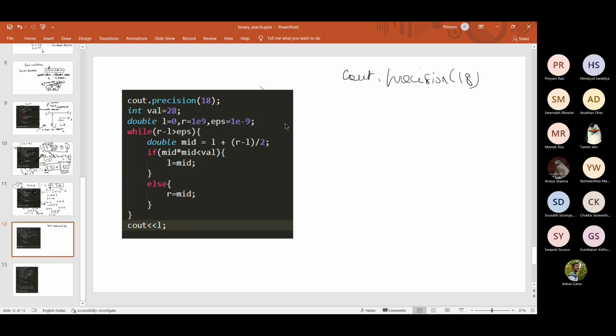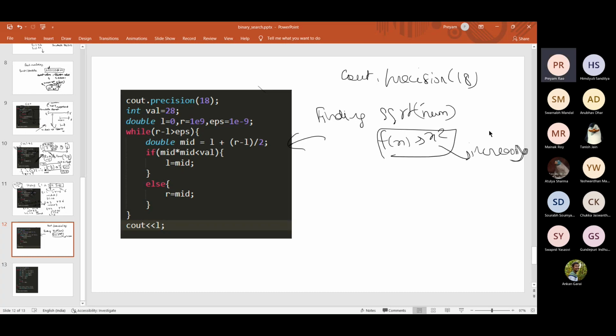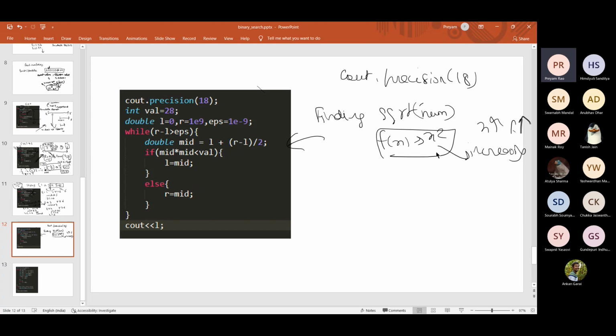So this is an example of finding the square root of a number. If you need to find the square root of some number, how do we do it? So the function would be x square. This is an increasing function. As x increases, f also increases.